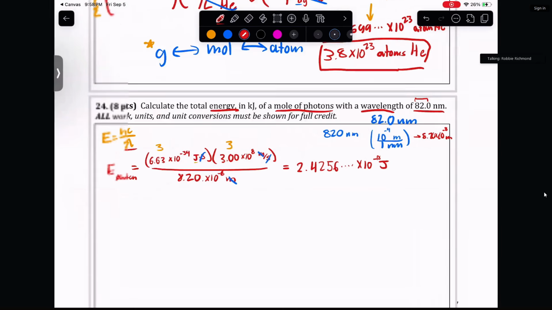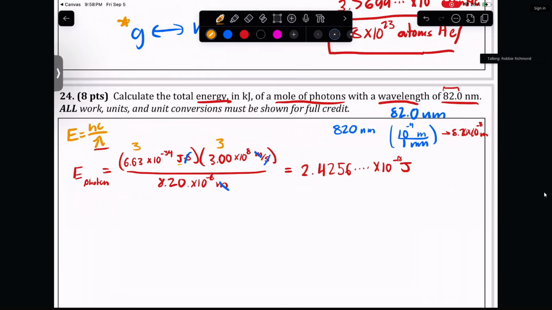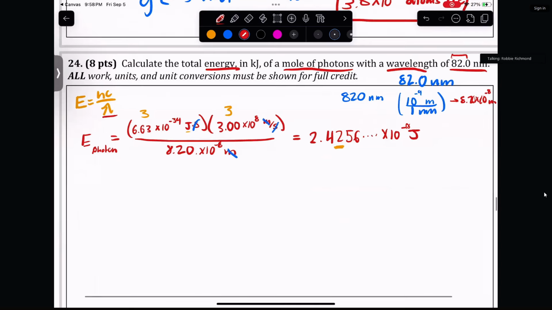That is my mistake. So this answer is going to be rounded to 3 sig figs. Do not round until the very last step. I'm just keeping track of sig figs, so whenever we do have to round, it's a little more clear what we have to do. Cool. So now we have this amount of energy for 1 photon.